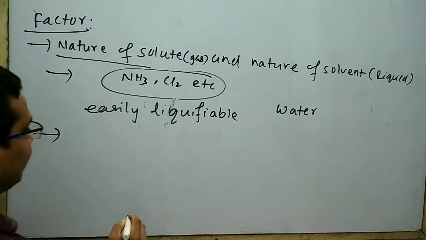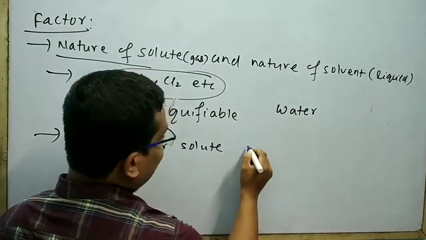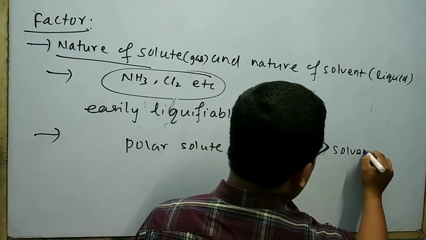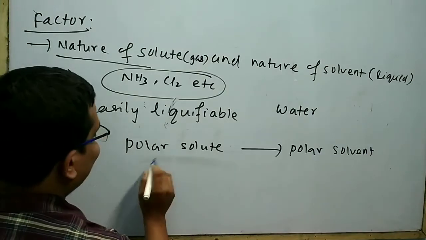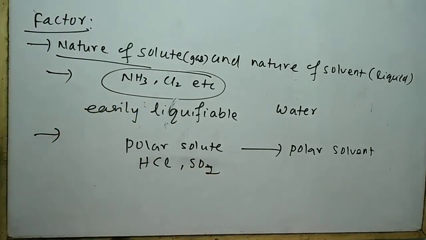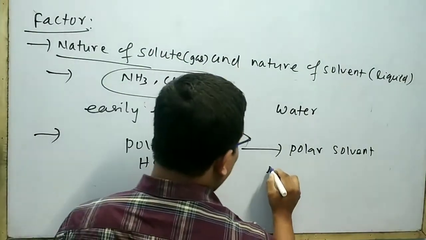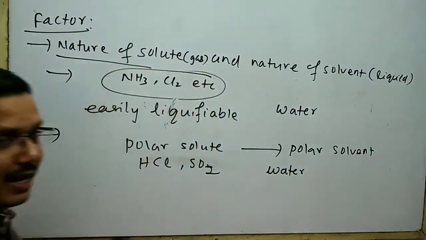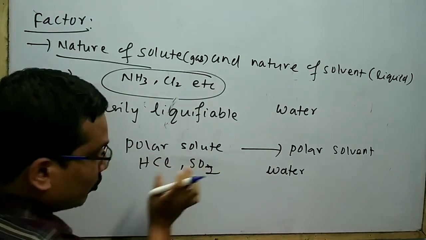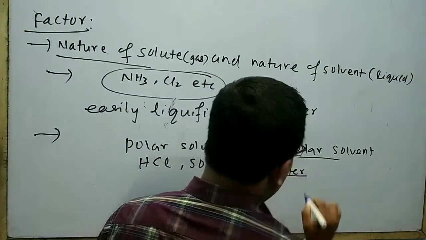Next point is we know that polar solute dissolves in polar solvent. If you take polar gases like HCl, SO2, then these types of gases have more solubility in polar solvent like water. Finally, I can conclude that the polar gases like HCl, SO2 are more soluble in polar solvent like water.